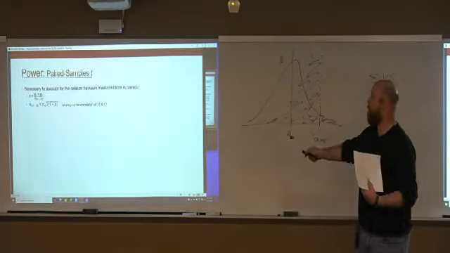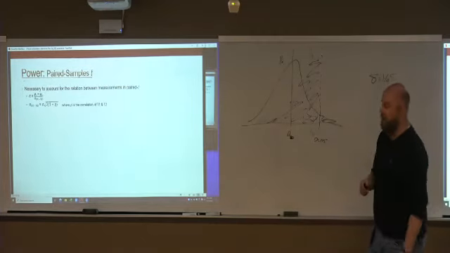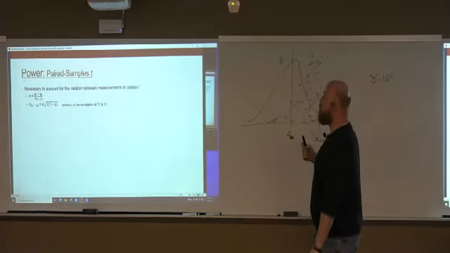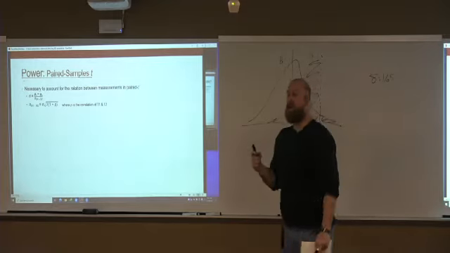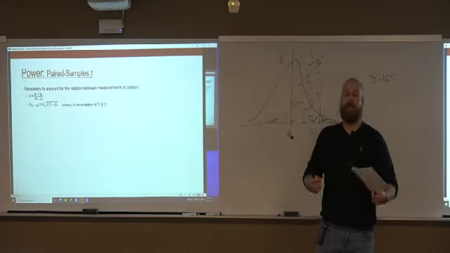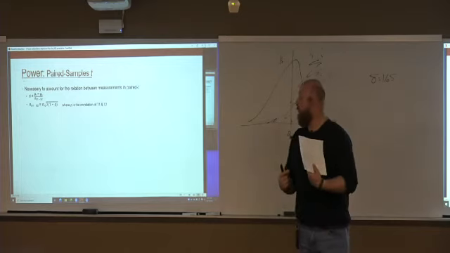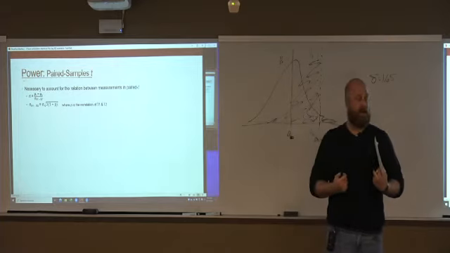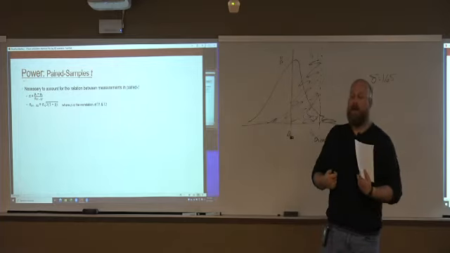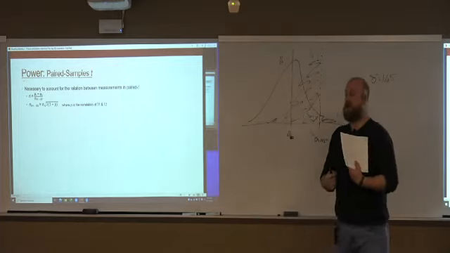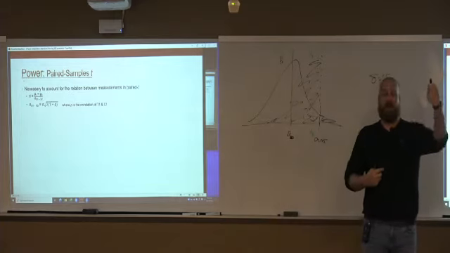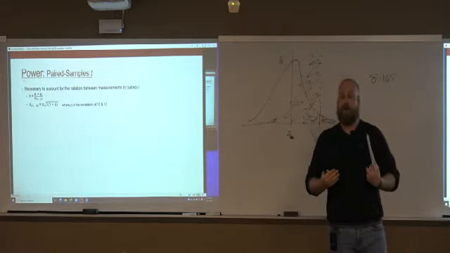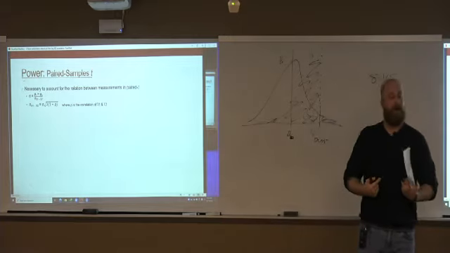All right, finally, paired sample tests, okay? The issue with paired sample tests is that in order to calculate power, we need to estimate the relation between our measurements. When we're running power for a paired sample test, the extent to which scores at time 1 and time 2 are correlated with one another starts to impact the power of our test.